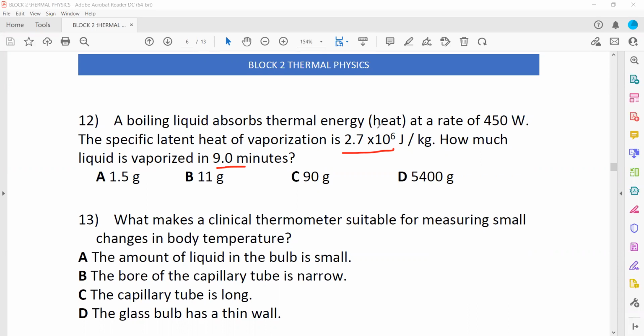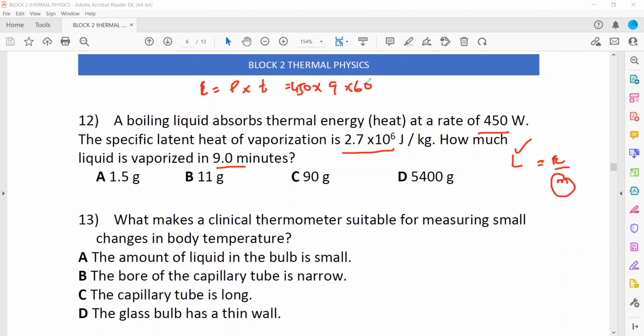So first, because the latent heat is energy divided by mass, we have the latent heat and want to find the mass, so first we should know the energy. And how to know the energy? Energy is power multiplied by time. The power is given, 450 watts, and the time is 9 minutes, but it should be in seconds, so we multiply it by 60 to convert into seconds.